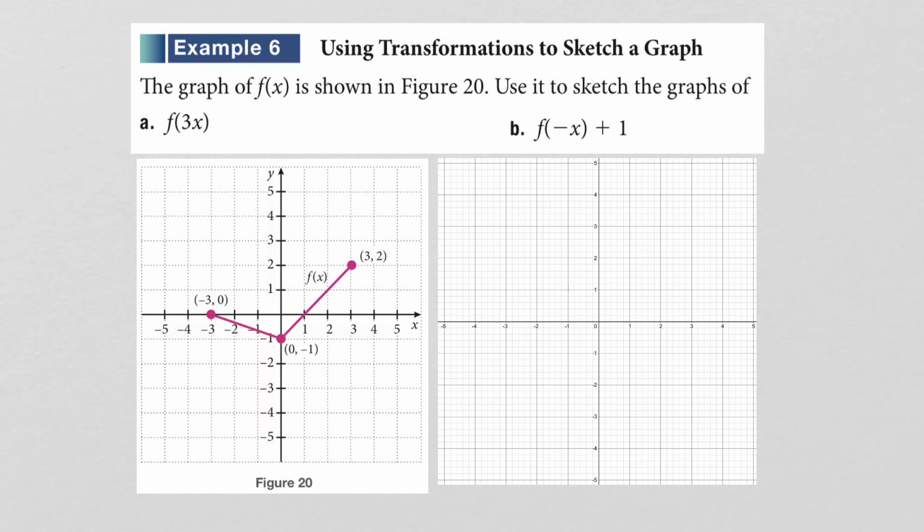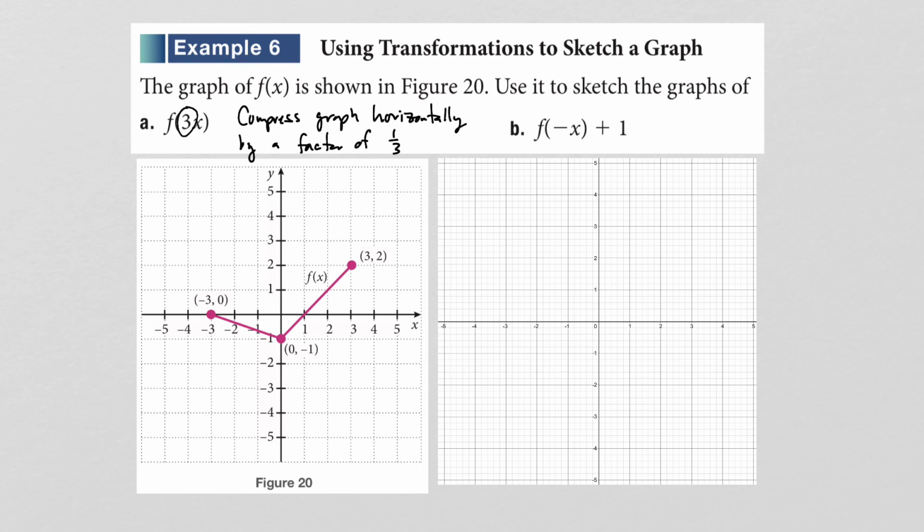Well, it's going to compress your graph horizontally by a factor of 1 over this number. So that'd be 1/3. Now, what does that mean exactly?